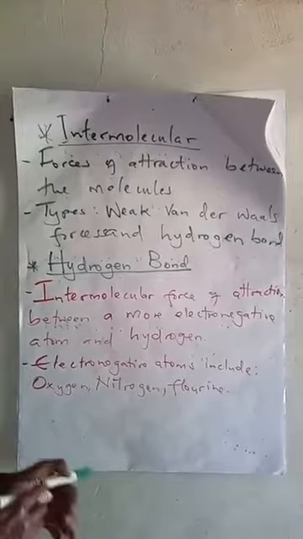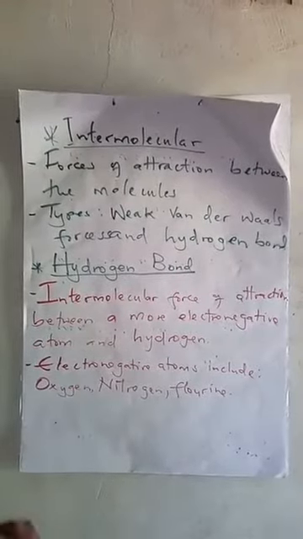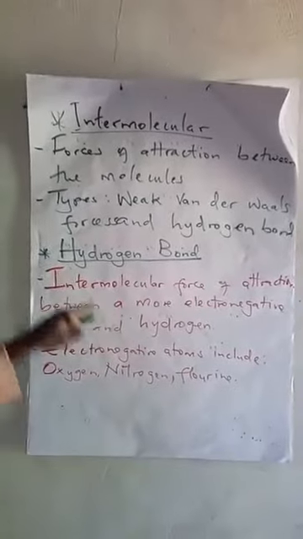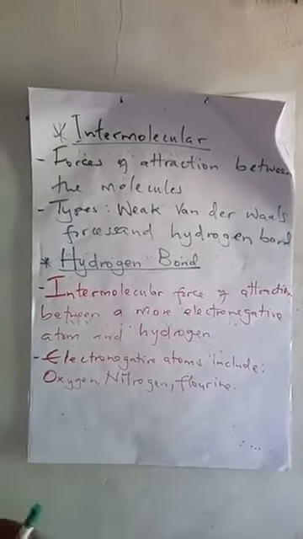So these are examples of electronegative atoms which bond to hydrogen in order to form a hydrogen bond.